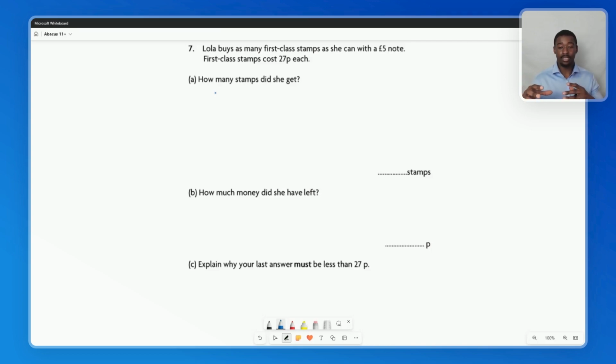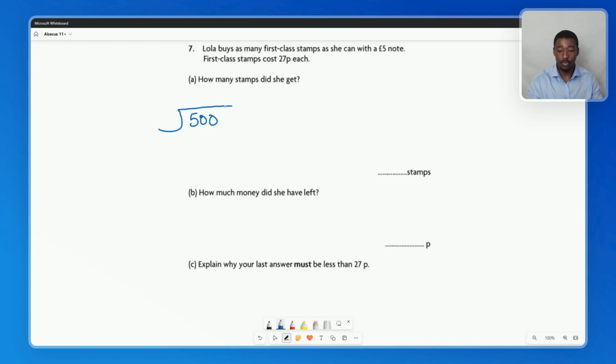So how many lots of 27p can go into the £5 note, or can go into the 500p that we have? So that first thing that we did is very important, converting the pounds into pence, right? Yes, we have £5, but this is 500 pence.